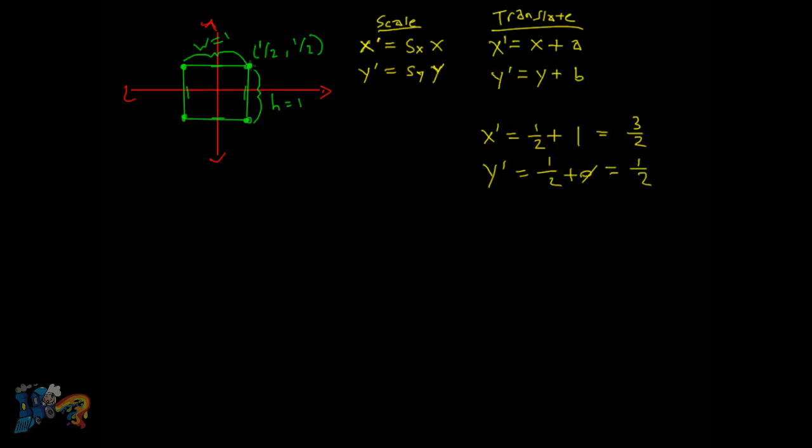So if we move this out to 3/2 and 1/2, right, we'd be moving it by its entire width, and this guy would end up out here, right? That would mean that this guy, negative 1/2 plus 1, right, is just 1/2. Same here, and same here. But we didn't move up and down at all because we didn't translate on the y-axis.